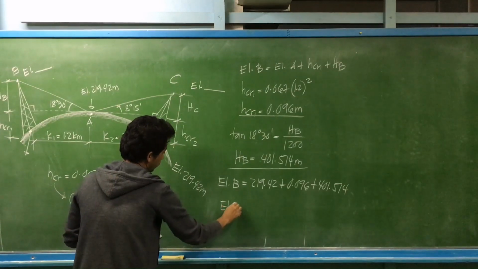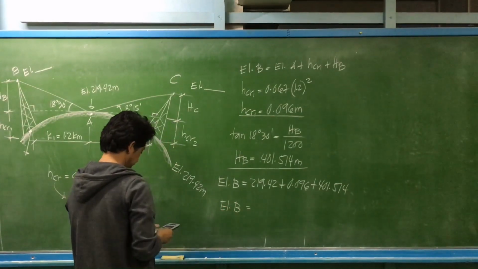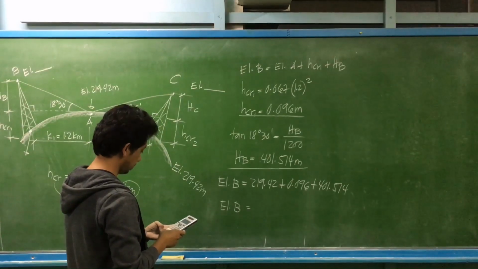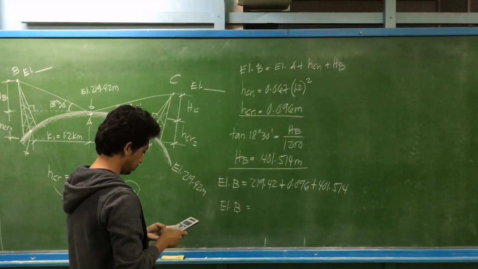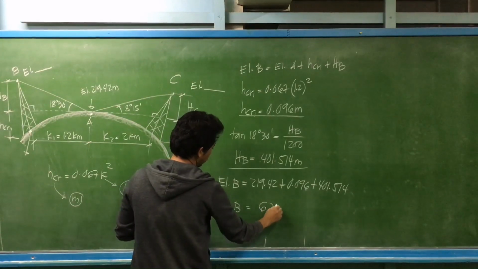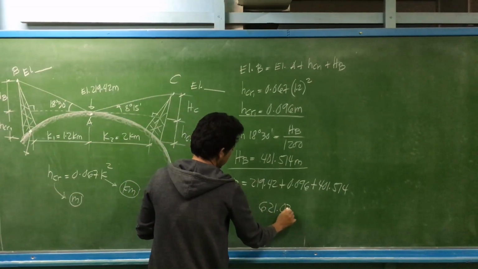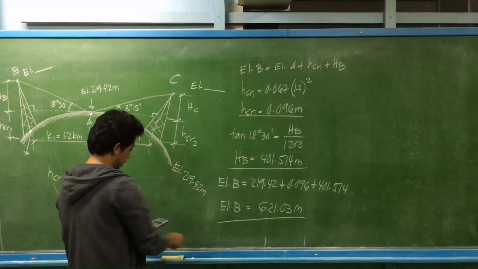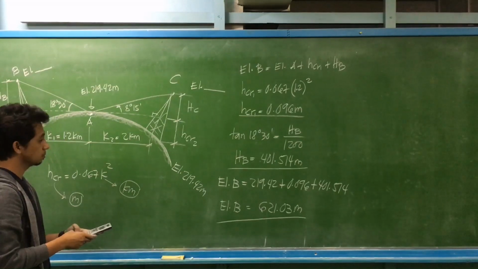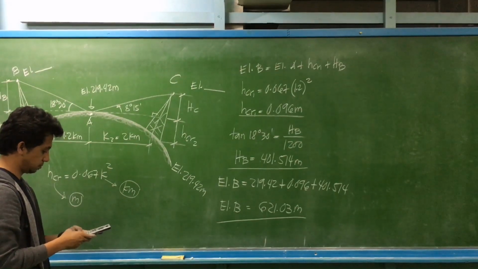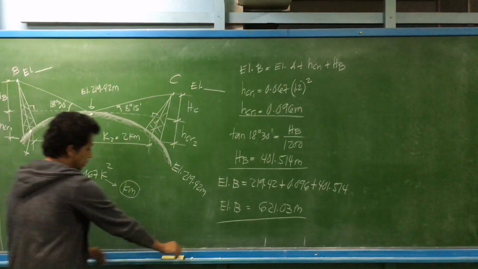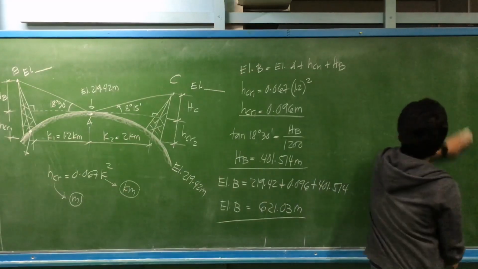So the elevation of point B will be equal to 621.03 meters. So, yun yung elevation ni point B. Double check natin.